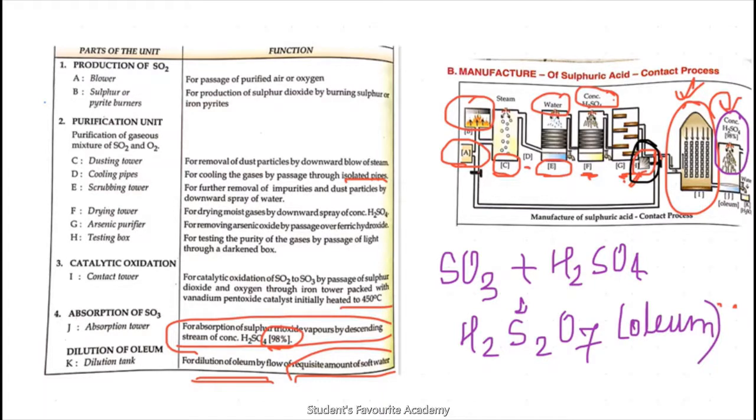Then this oleum is transferred to the dilution tank, wherein you will be pouring the amount of water that is required. When you add water to this, it gets converted to 2 times H2SO4.